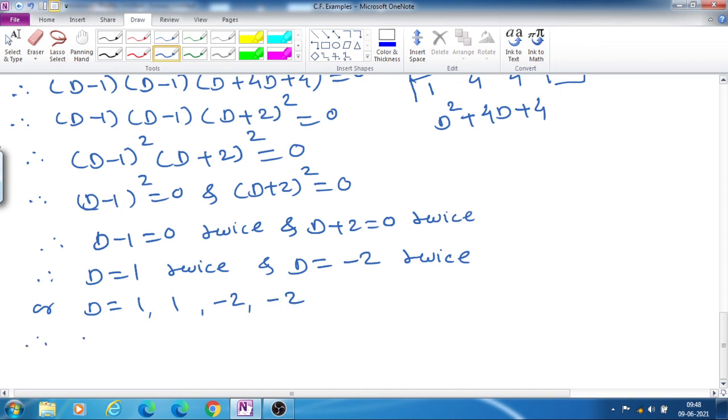Now therefore our CF: these are real roots but repeated.